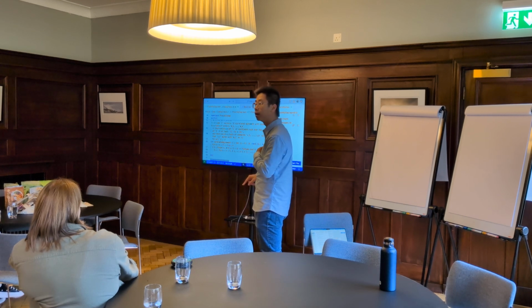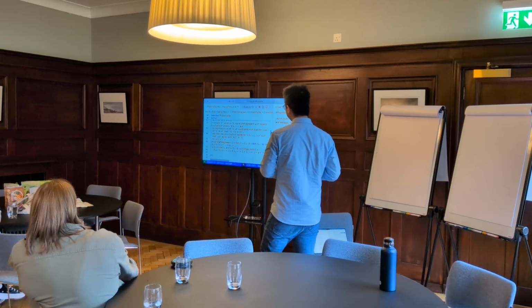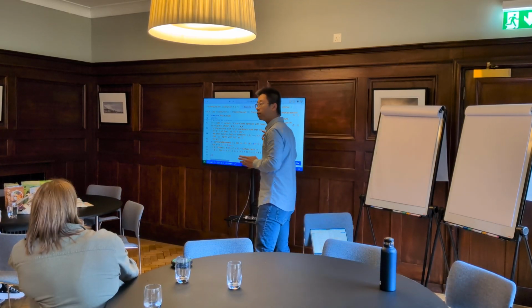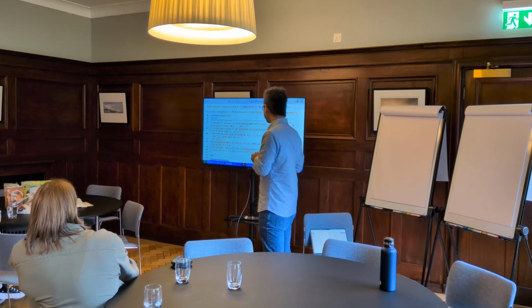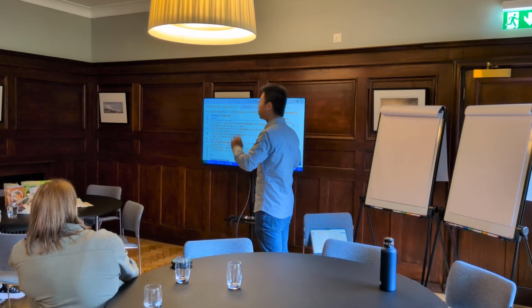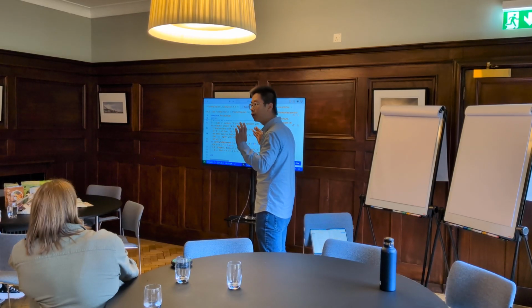Come again. Okay, so C is the code, delta is the distance, K is some parameter, the number of code words. W is just a vector that does not need to be a code word. It can be far from the code words.